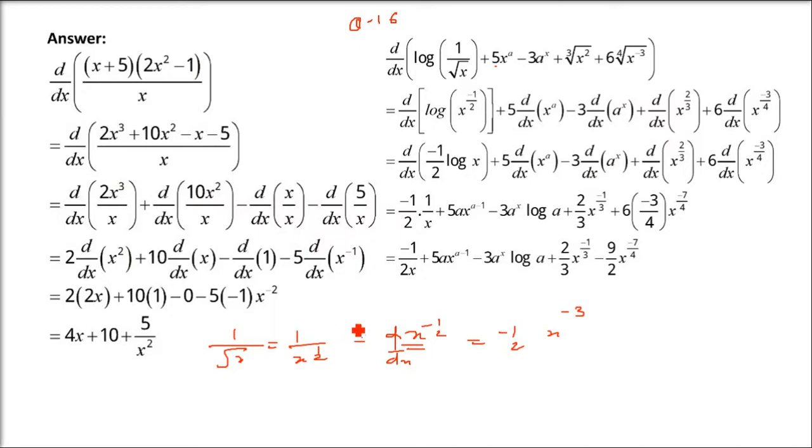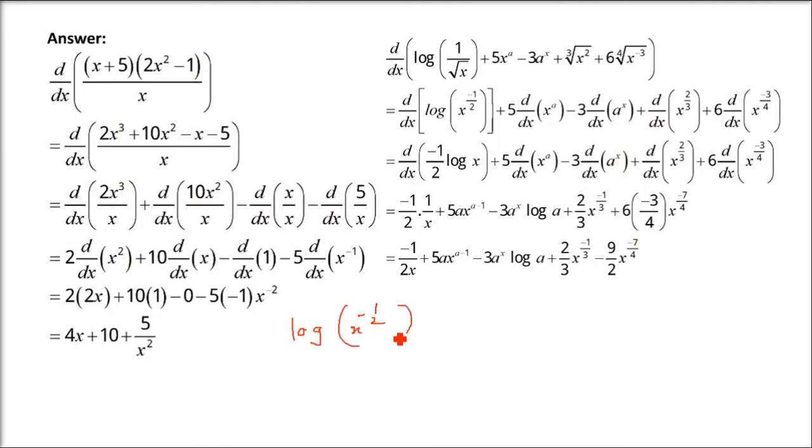We will not do it like this because it is inside log. So let me just eliminate it, and as you know it is x raised to minus half. So log x raised to minus half. Now minus half will come outside. You know how to do this. Log of anything with a power, which is inside log, goes to the front of log.